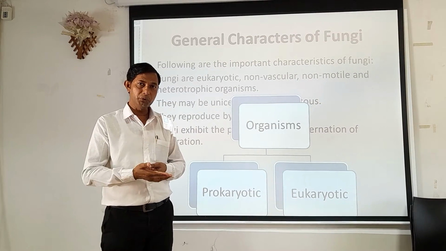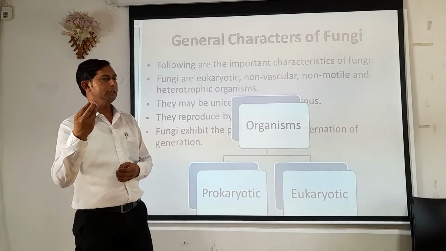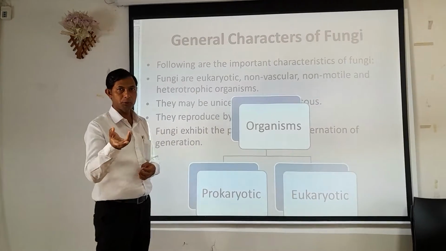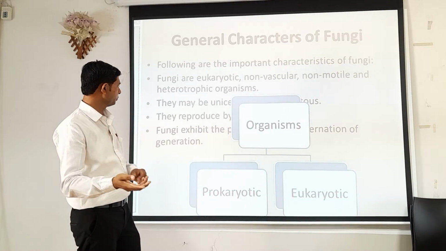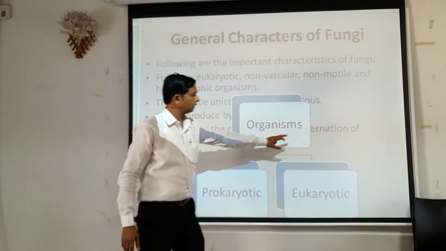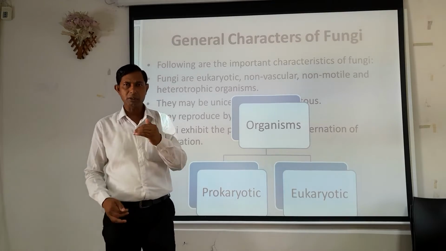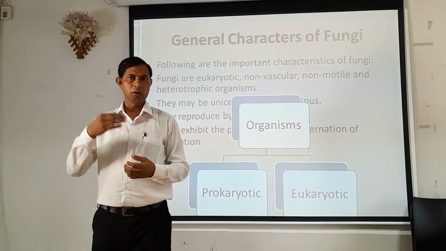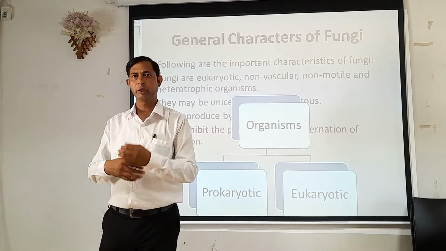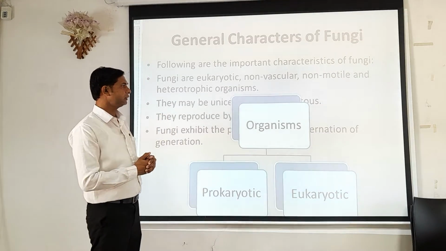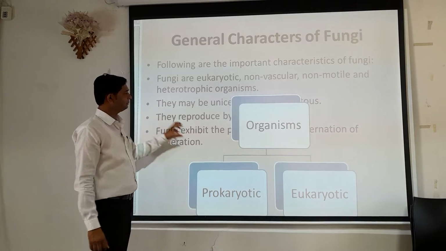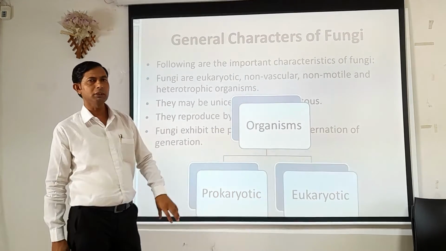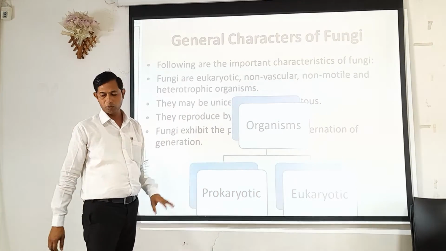Again, on this thallus, spores are produced. The spores will germinate, and again the thallus is produced. So they show alternation of generation. One time spores are produced, one time thallus is observed.